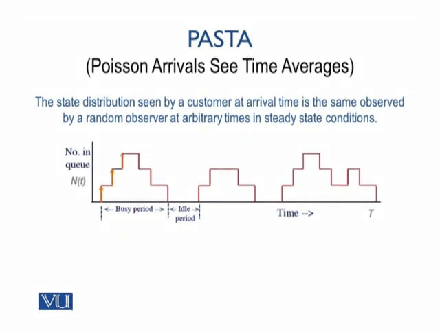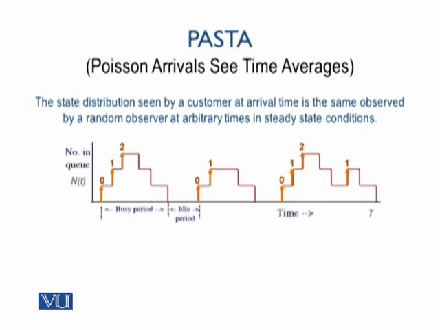So as an example, we see that in this system, there are these arrivals. For all these arrivals, the number of customers that are observed in the system are written above the arrow.